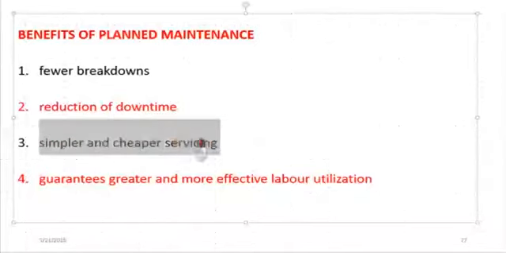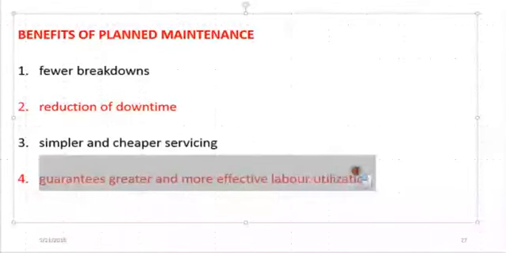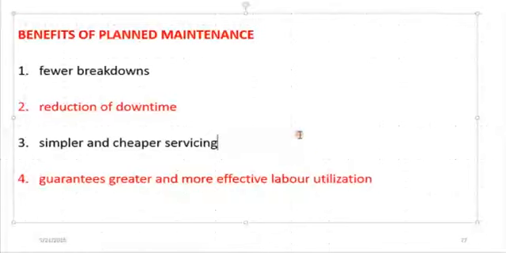Another benefit of plant maintenance is it is making the servicing very simpler and very cheaper. And finally, another advantage, it guarantees greater and more effective labor utilization. Yes, if you have your staff in the company, instead of keeping them doing nothing until a failure happens, you can engage them in doing routine maintenance so that you are utilizing them when the need arises. You are not making them redundant.